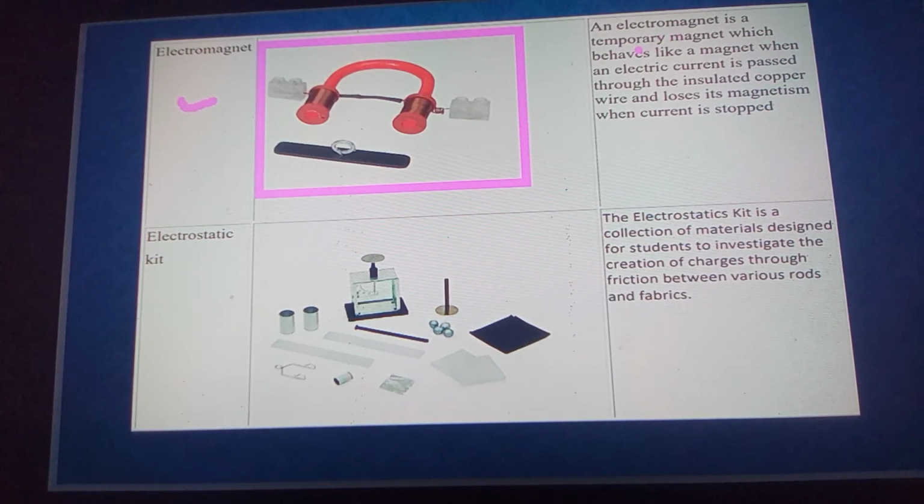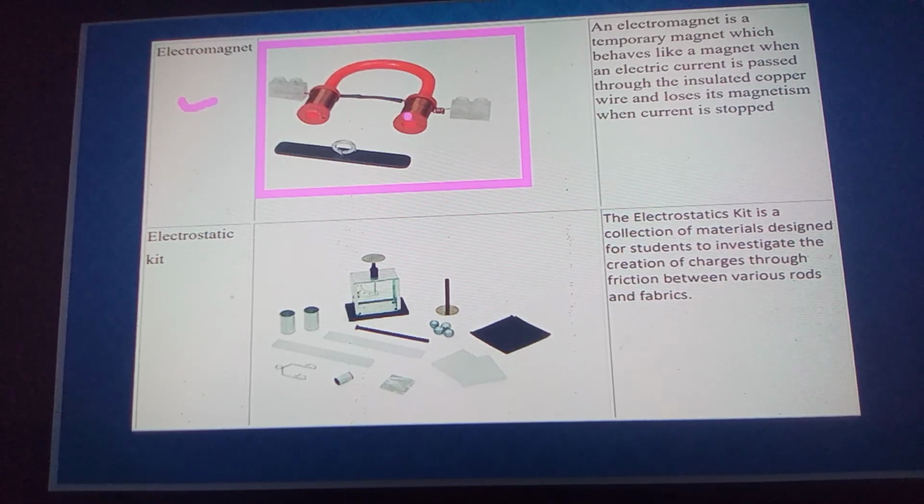An electromagnet is a temporary magnet which behaves like a magnet when electric current is passed through the insulated copper wire and loses its magnetism when the current is stopped.